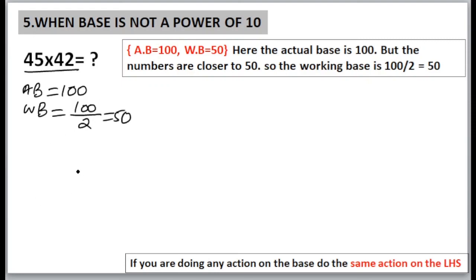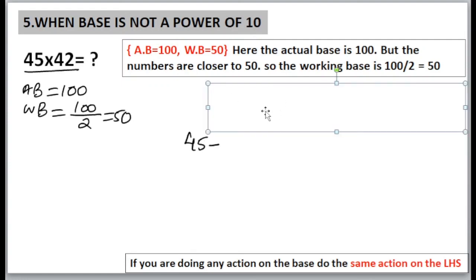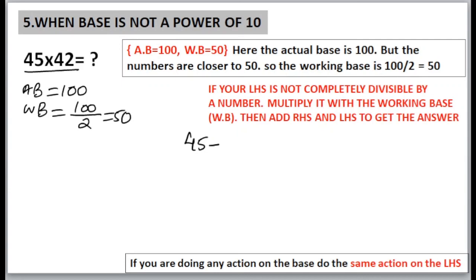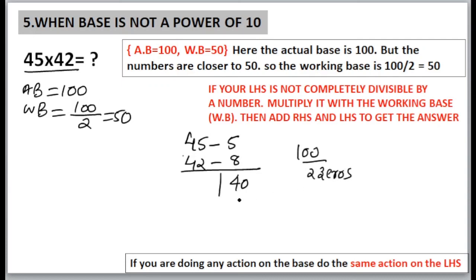Here 45 is 5 less than 50 and 42 is 8 less than 50. Your RHS is 8 into 5, which is equal to 40, and 100 has 2 zeros, so RHS has 2 digits. Then 45 minus 8 or 42 minus 5, that is 37.